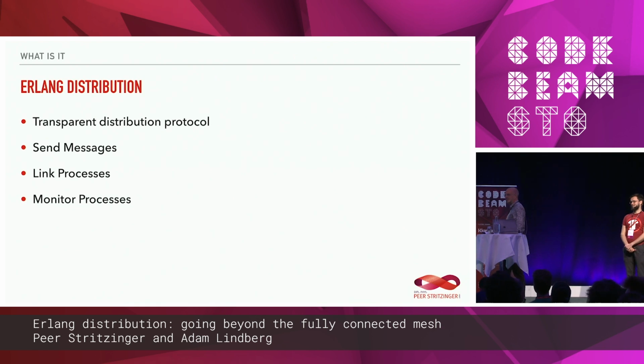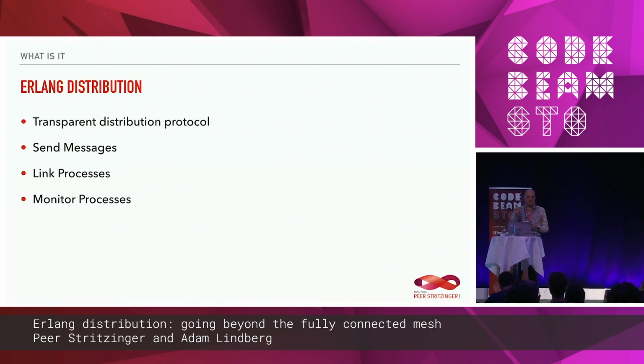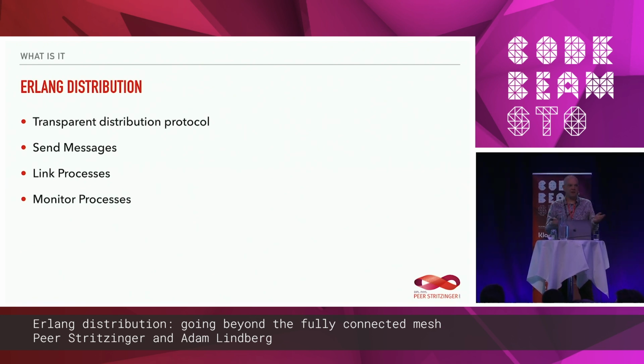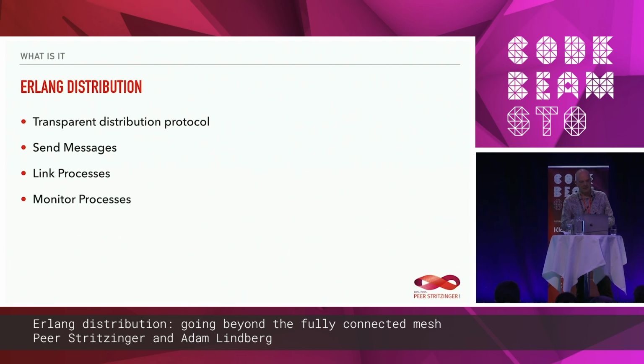What does it give you? It's a transparent distribution protocol, and why do we want to use it? Because of course you can implement protocols in Erlang pretty easily, do your own stuff, run TCP sockets between your nodes or whatever. But what you get extra for the transparency is that you don't have to care about encoding and decoding implicitly.